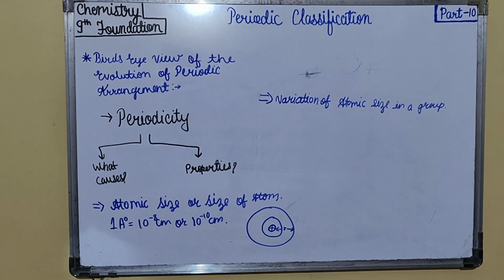On moving down the group, new shells are added and the outermost shell number increases. So the distance from the nucleus to the outermost orbit increases and atomic size increases. Therefore, as we move down the group, the atomic size increases.